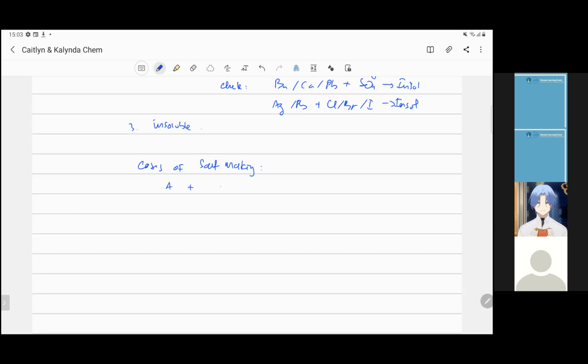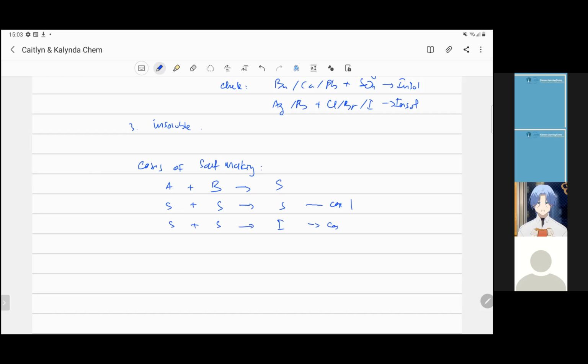Acid plus base becomes salt. The first possibility is we have something soluble and something soluble makes something soluble. This is case number 1. Something soluble with something soluble, but the result is something insoluble.